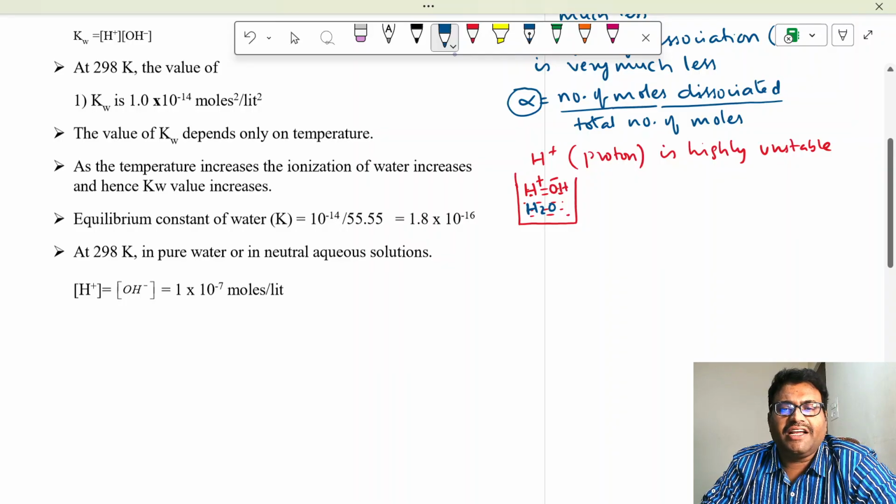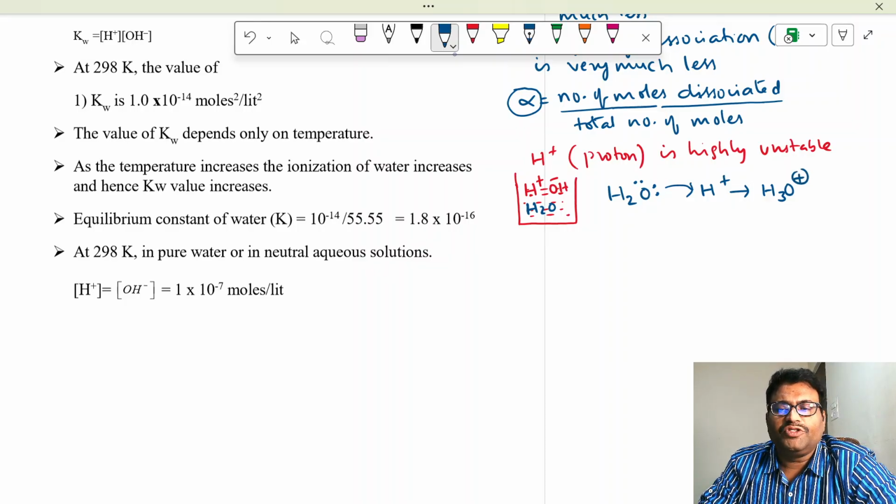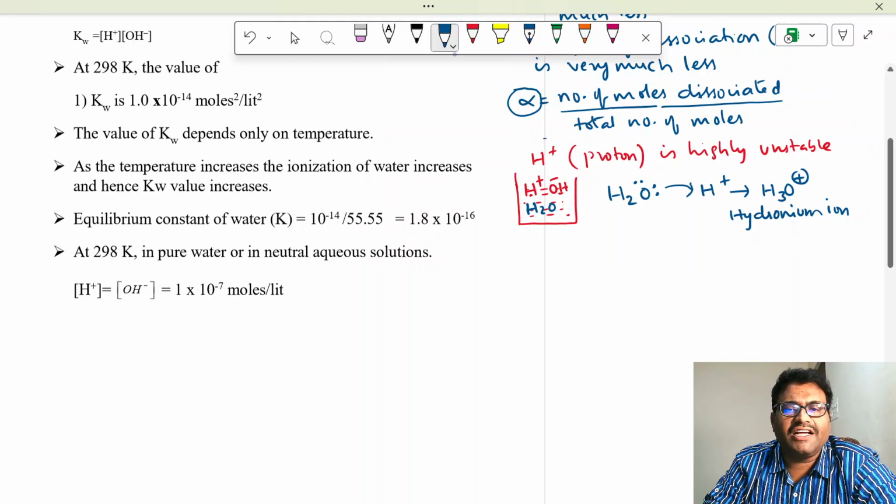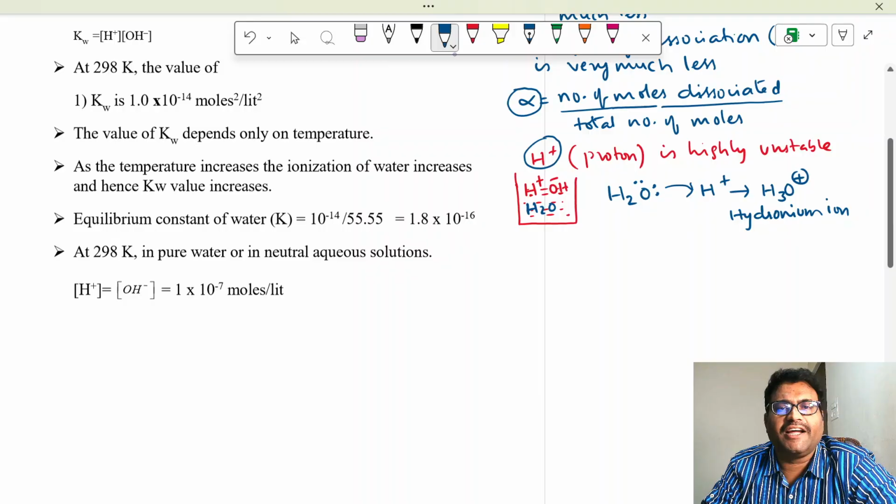So this H plus readily combines with a water molecule to form H3O plus. What is this H3O plus called? A hydronium ion. And H plus is called the hydrogen ion.